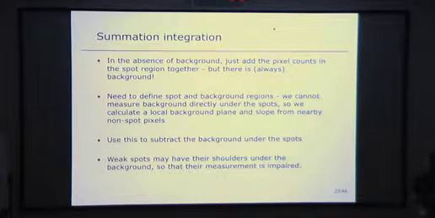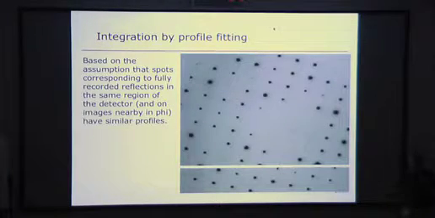And the weak spots may still, even on a Pilatus, have their shoulders under a background, and their measurement is impaired because of this. And that's why we use profile fitting. Profile fitting is based on the assumption that fully recorded spots in the same region of the detector, and also on images that are nearby, so the image before and the image after, have similar profiles.